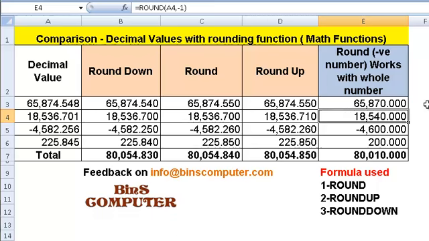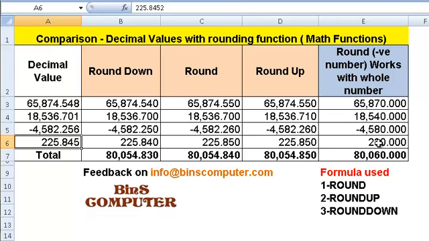The same way, if we convert this number using -1, it is going to use the conversion of integer values to the tens. You can say that on the tens place it is going to round. See here, 74 is converted to 70, 36 is converted to 40, 82 is converted to 80, and 25 is converted to 30.